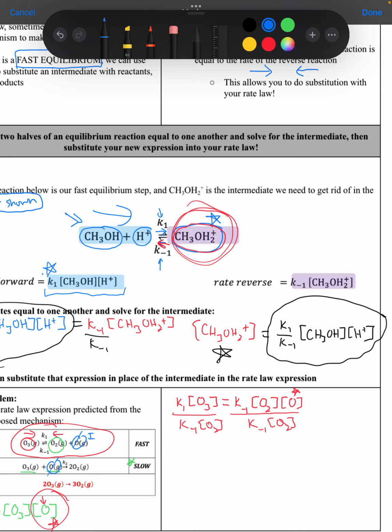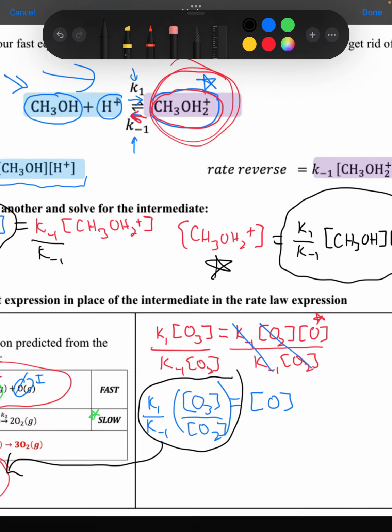Those are going to go away on our right side, and we are going to get that our concentration of O is equal to K1 over K negative 1, and then our concentration of O3 divided by O2. Now, again, now that I have this expression, I can literally plunk it in and replace it in my rate law so that I no longer have an intermediate in that rate law. Okay?